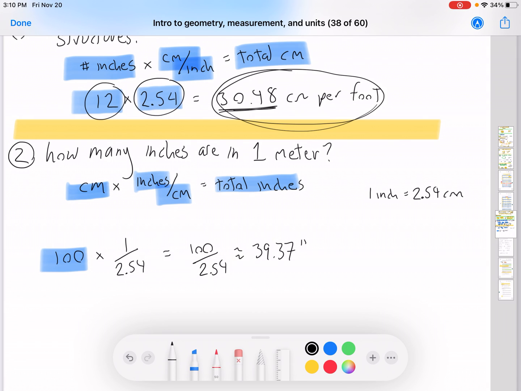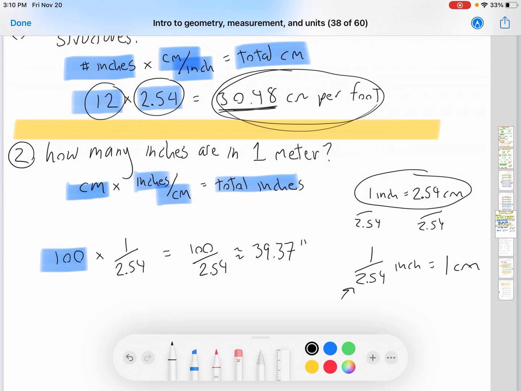But what we have here is centimeters per inch. If I want inches per centimeter, I need this to equal 1 centimeter. So if I divide both sides by 2.54, I get 1 over 2.54 inches is equal to 1 centimeter.